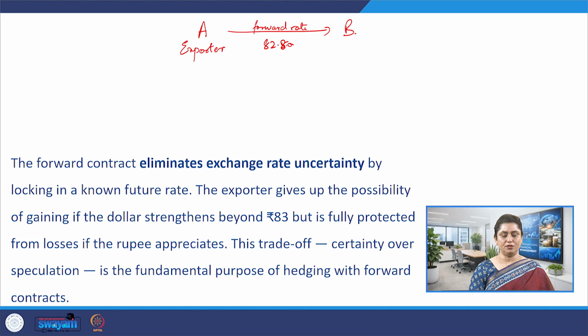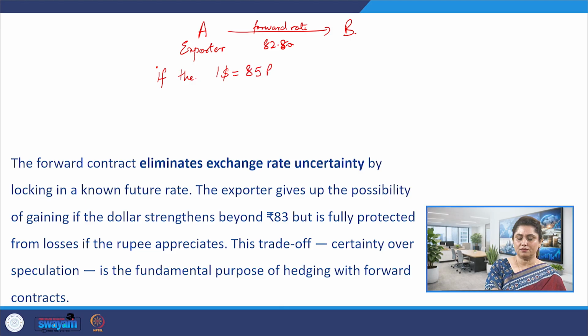So he was able to reduce his risk. But suppose the rupee depreciated further and $1 became equal to 85 rupees.